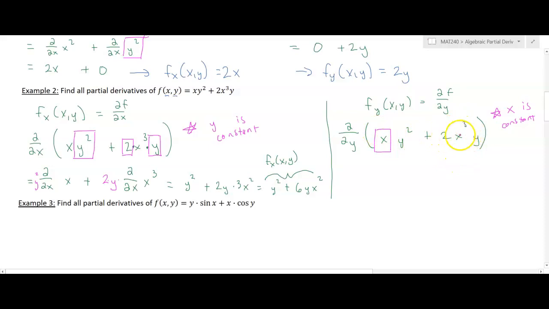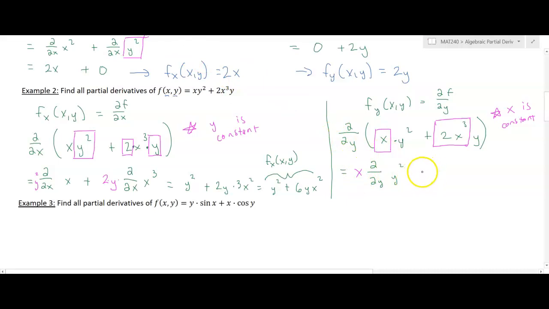If x is a constant, then the cube of a constant is constant, and 2 times a constant is also a constant. So I'm going to put this whole expression here, or this whole coefficient in a box. And so as I apply my derivative operator, I'm going to have the derivative of y squared with respect to y. Now since this is a constant times y squared, I could factor that constant out.